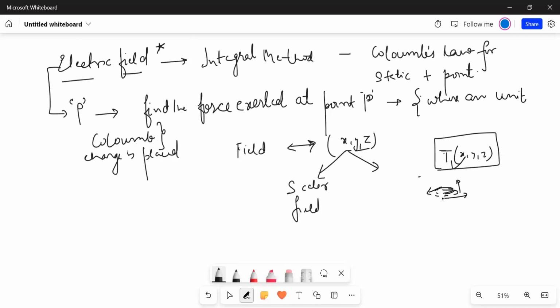So at any point, there would be some magnitude as a function of x, y, z, and there would be some direction also associated. Such a thing is called a vector field. So electric field is a vector field.